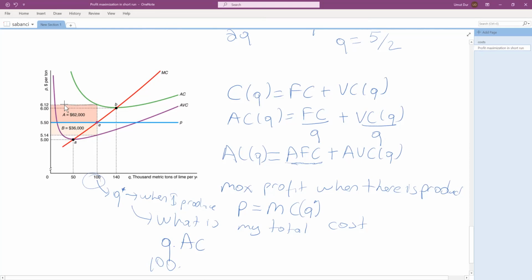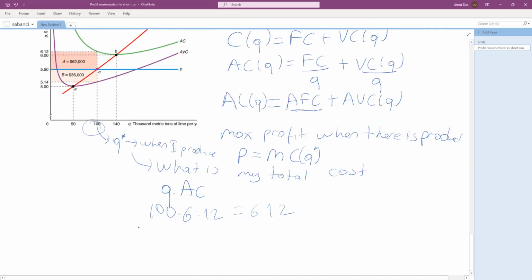This point, so the price will be 6.12. Okay, so then my total cost when I produce this amount of product is 612. Of course there are three zeros here.